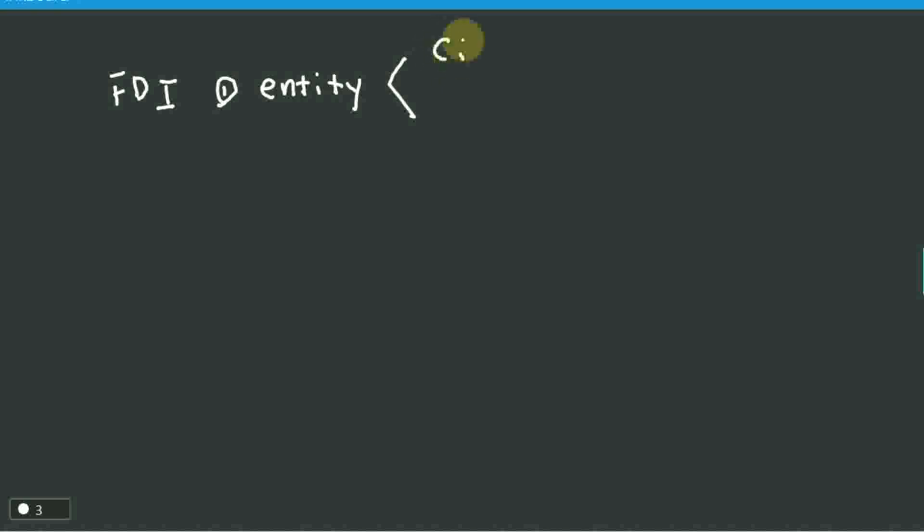civil and public. Investment entity. This is classified by entity. Who invests?